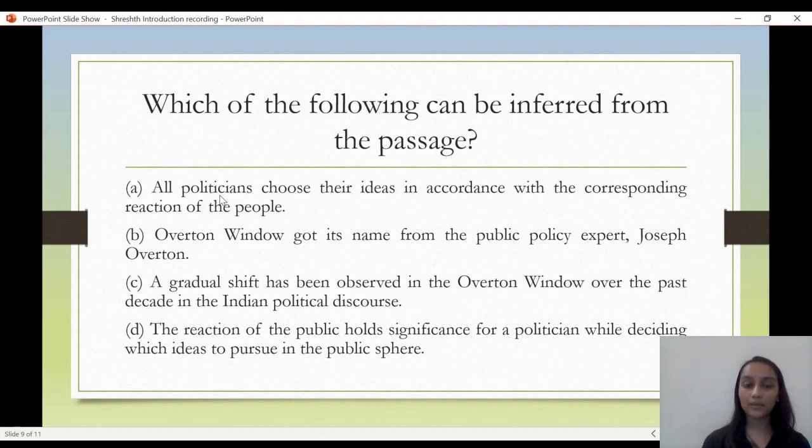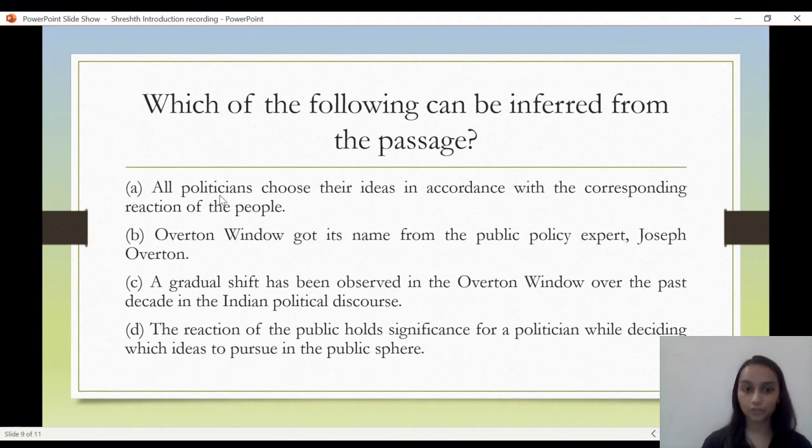So this is what I had been talking about earlier, that you should not let background information that you may have about the subject matter of the passage influence you. So watch out for these things. Nothing about India has been spoken of at all in the passage, right? So the moment you see something like this, you should strike that option off.